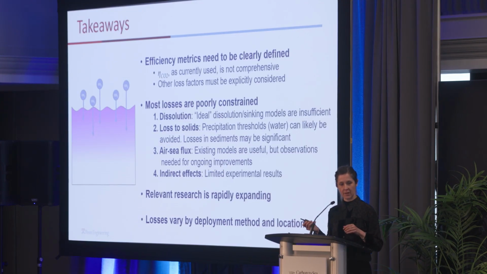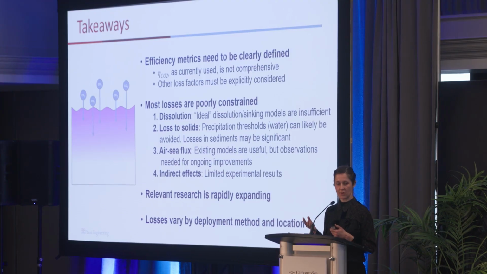So the takeaways here are fourfold. First of all, efficiency metrics need to be clearly defined. In an OAE context, you need to say this is gross CO2 uptake, and there are other efficiency loss factors than just air-sea flux. Second of all, most losses are poorly constrained because the literature base just isn't that big yet, but they're constrained to different extents.